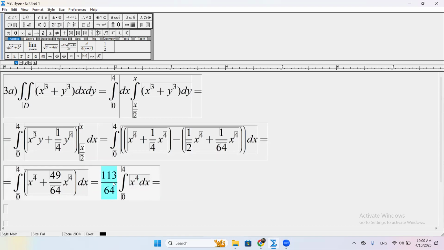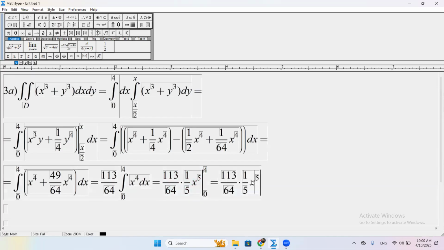So now we do the simple stuff. So it will be 1 over 5 x in power of 5, with bounds of integration from 0 to 4.